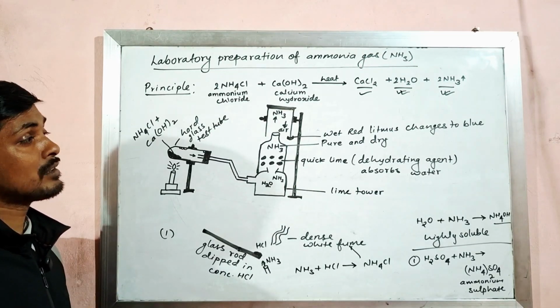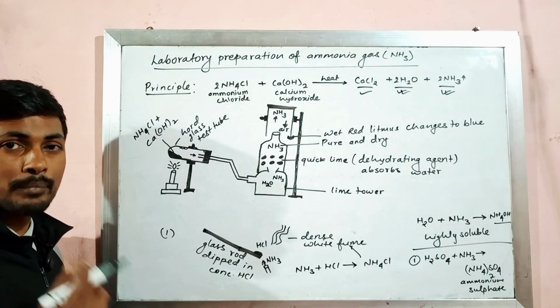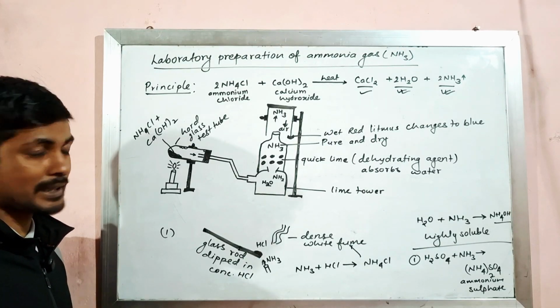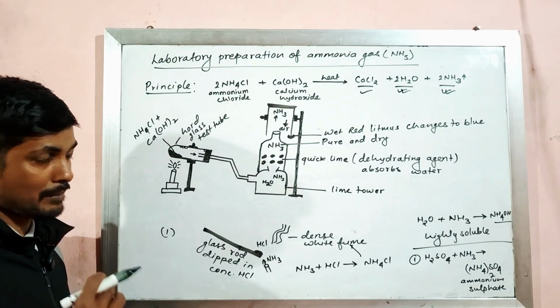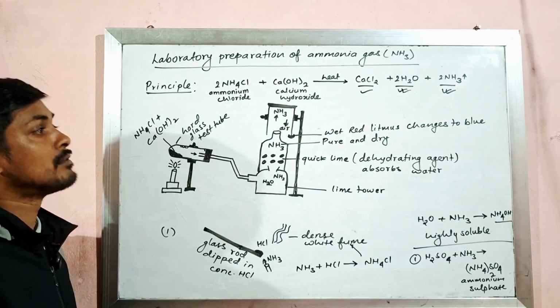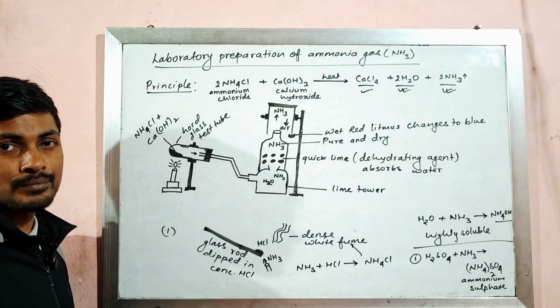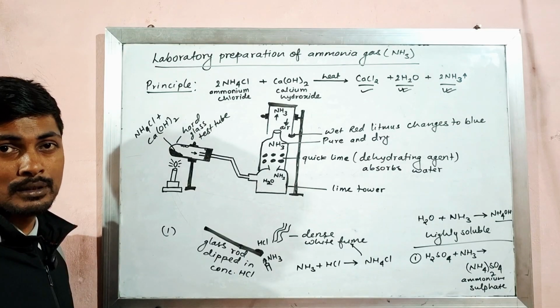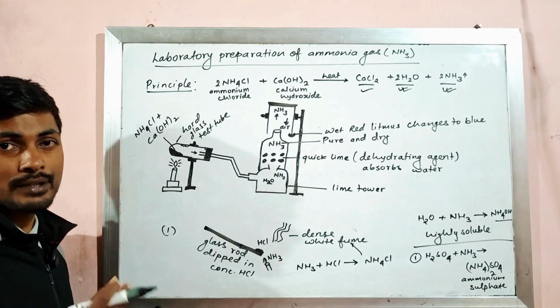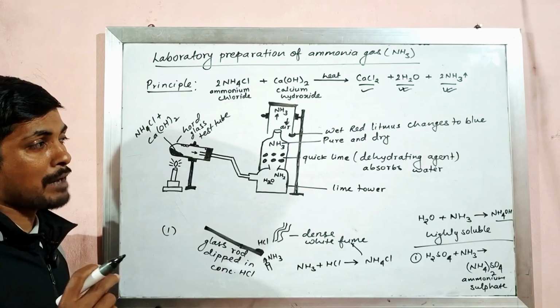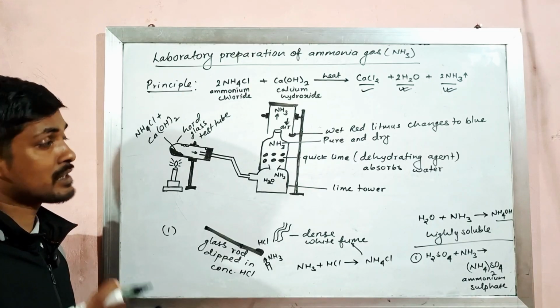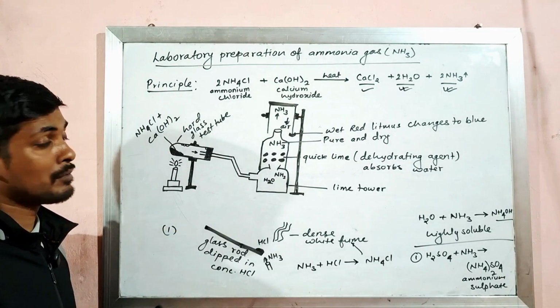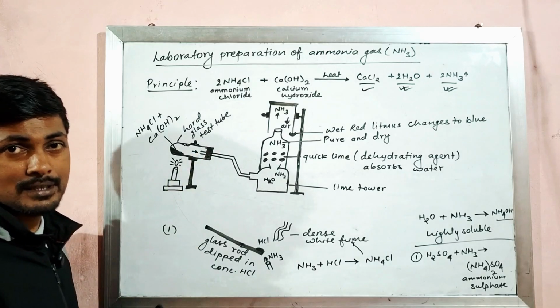its properties. And some very common uses of ammonia gas are like, this ammonia gas is basically used to develop the blueprints of maps. As we see several blueprint maps of land which are printed using this ammonia gas.